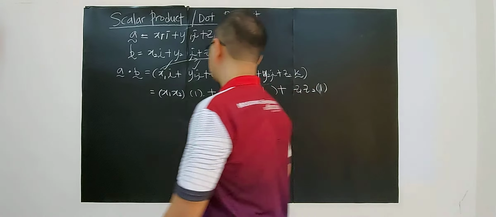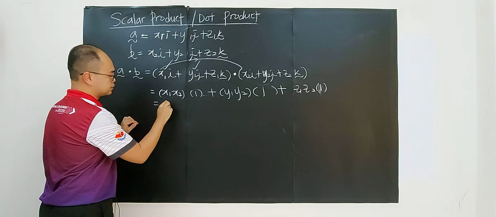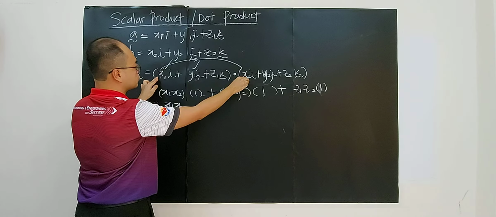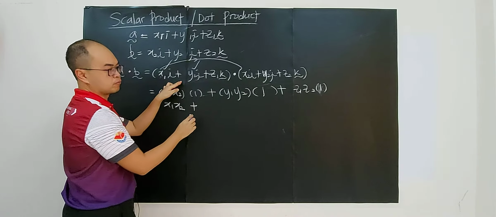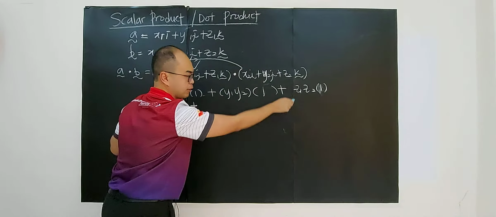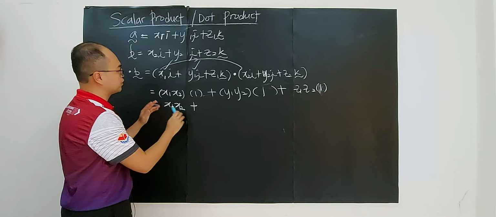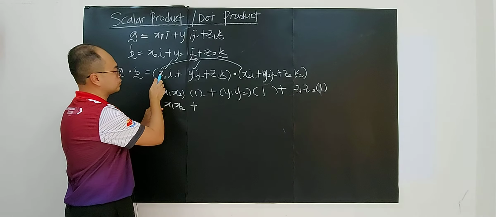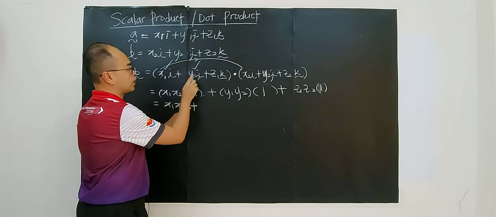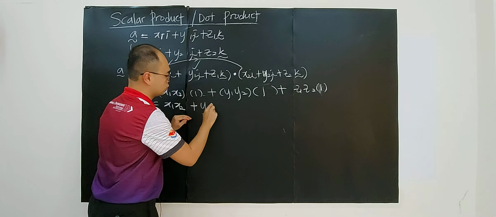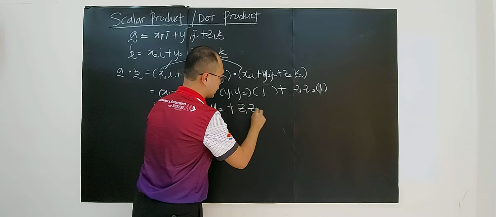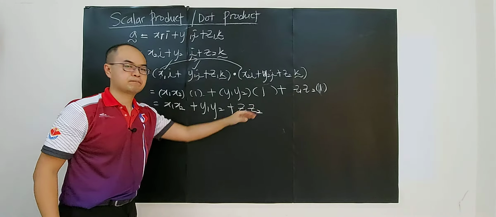As a result, this is a simplified form, the shortcut, so you're not going to go through everything one by one. The short way is you just take x1 multiplied with x2, plus y1 multiplied with y2, plus z1 multiplied with z2. That's all. It's a lot simpler.